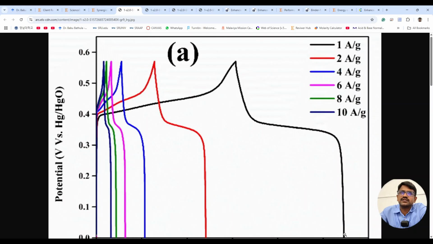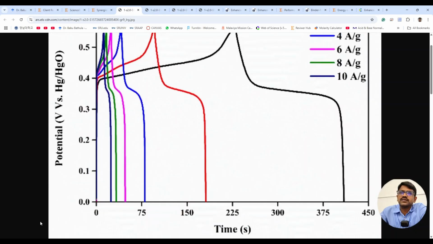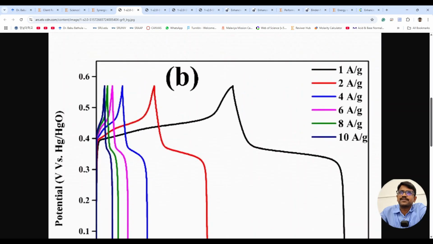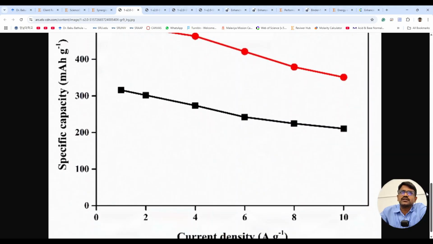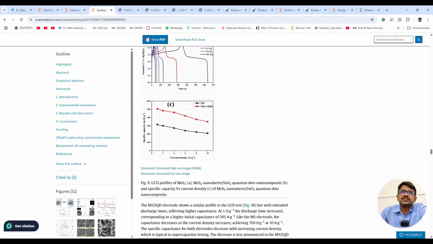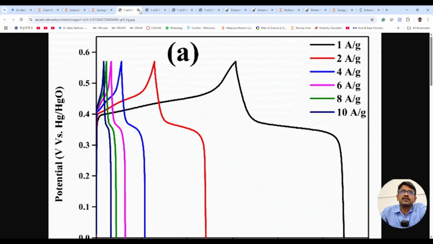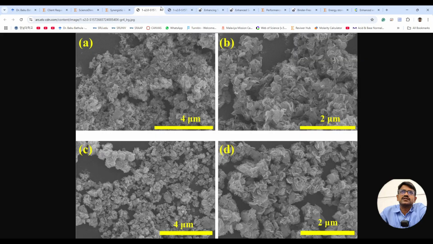This is the charging time, this is the discharging time, and this is the potential. This is how we test the electrochemical performance. This is one type of electrode, and these are some of the images.